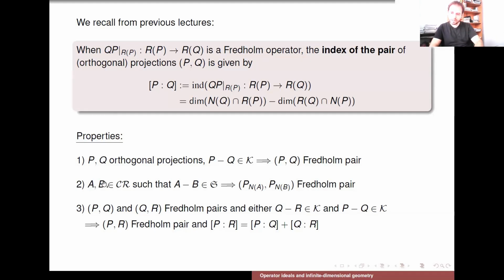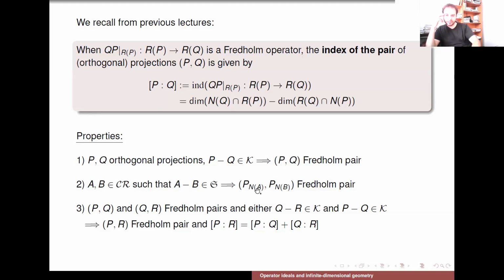The second here will be relevant to our study because whenever we have two closed range operators such that this difference belongs to the ideal, and then of course this difference is compact, then we know that the associated projections onto the corresponding null spaces form a Fredholm pair.